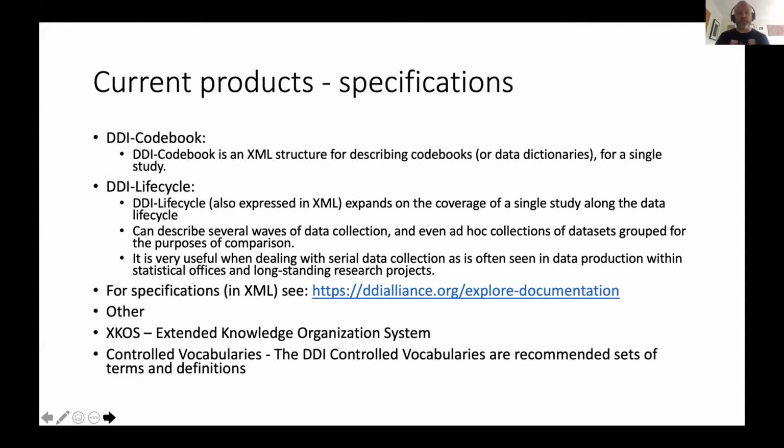So in terms of the current products, DDI has been around since the first release in about 2001. The DDI Codebook is really designed for describing a single study and for describing codebooks or data dictionaries. So how do I describe the elements in a data set, their content, location?